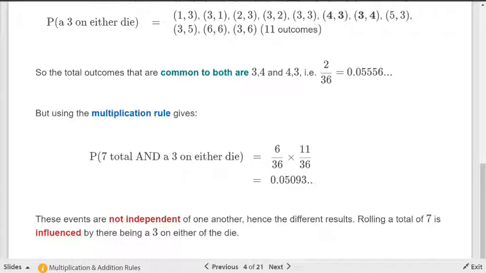If it's independent, that means I could get anything. Yes? Are the words that are common to both in the multiplication rule specific phrasing that we actually use in the exam? Do you have to say, like, the total outcomes that are common to both in your answer? You mean when you're listing these things like they did, that list probability 3 on either die? No, in your answer, just the number you get is your answer.